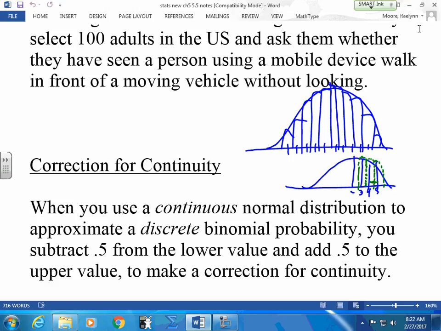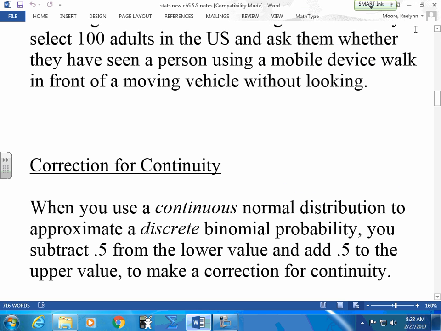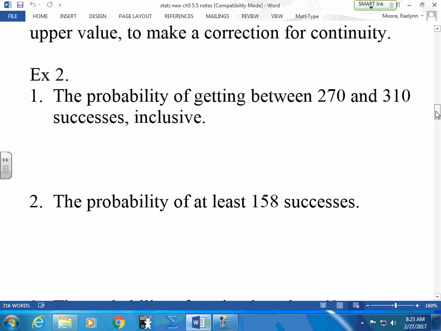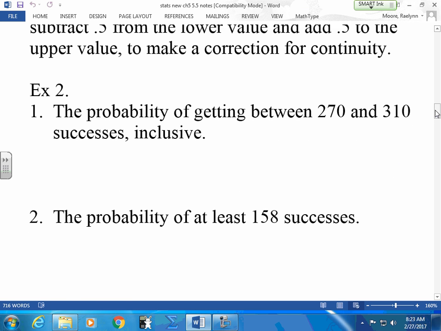So all we're going to do is subtract .5 from the lower end, add .5 to the higher end, just like we did in chapter 4. But this one has a little bit of a twist to it. You have to look to see what your statement says. So I have to look at my probability statement first and then correct it. So my probability statement says, what is the probability of getting between 270 and 310 successes inclusive?